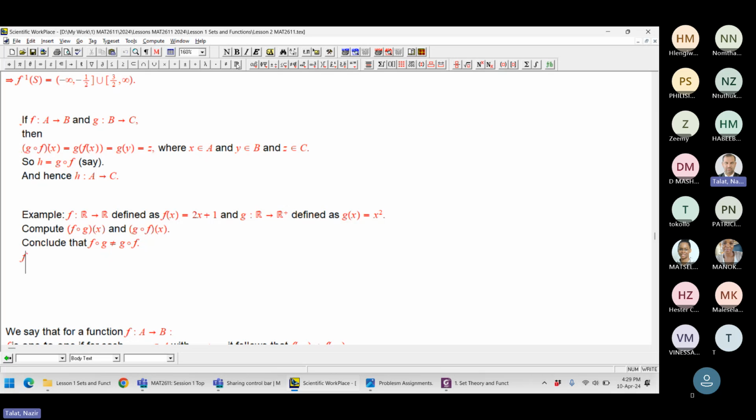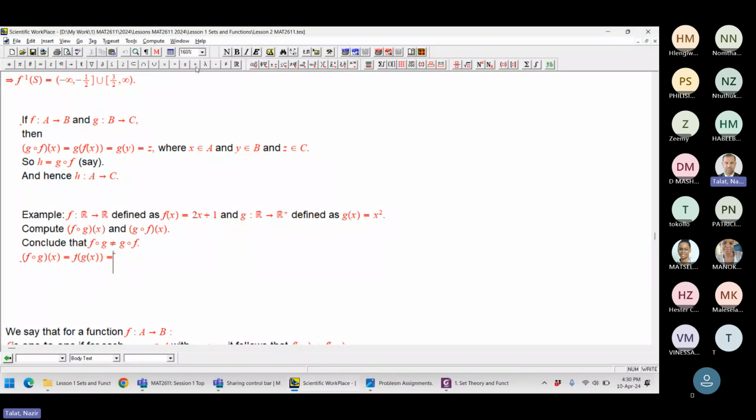For instance, if we compute f o g of x, it means apply f, but first we need to apply g on x, because g is on the right hand side. So first apply g, and when its image comes, then apply f on this.